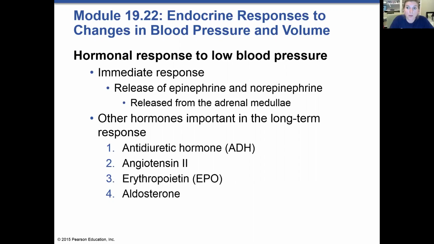So when our blood pressure is decreased, this is typically during some type of traumatic event, like you cut your arm off, or a tiger just bit your leg. You're hemorrhaging, you're bleeding. You have a loss of blood volume and therefore a loss of blood pressure. So the body responds by having multiple plans in place to keep your blood pressure elevated.